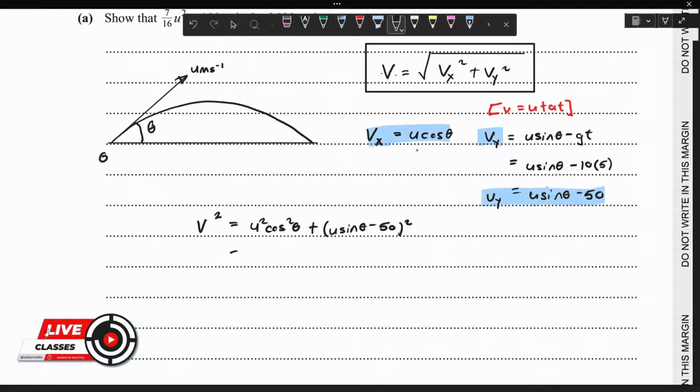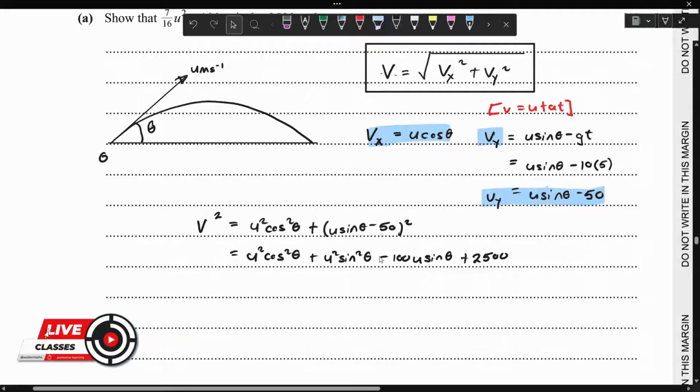So this would be u squared cos squared theta plus u squared sine squared theta minus 100 u sine theta. 50 squared, that's 2,500. I hope this is all good.